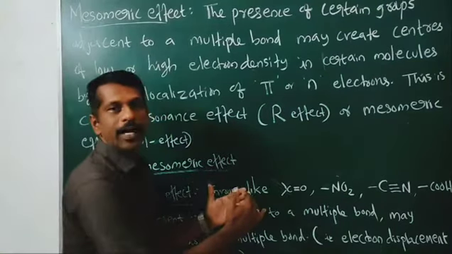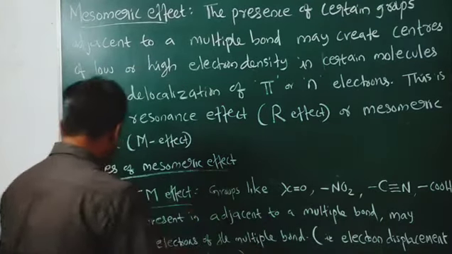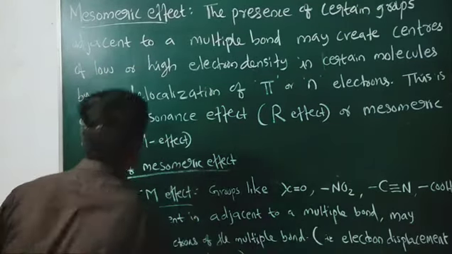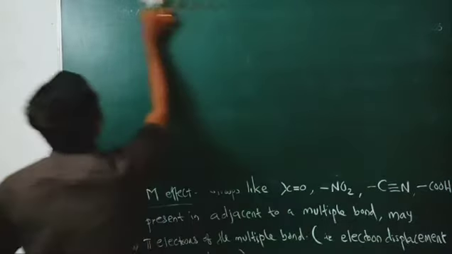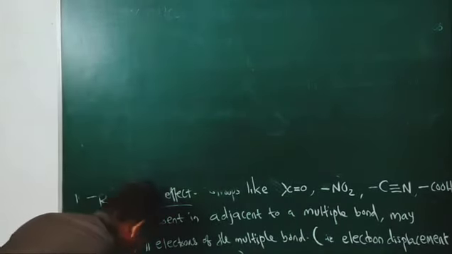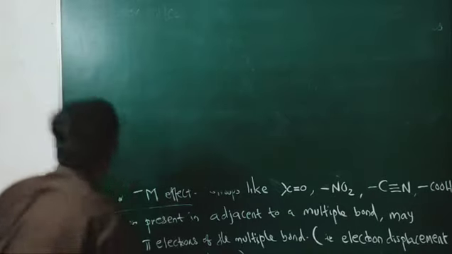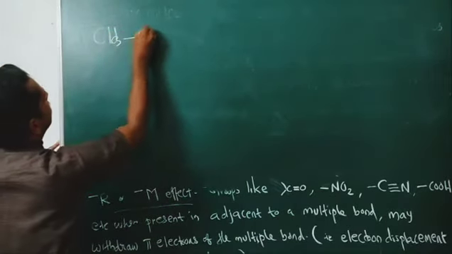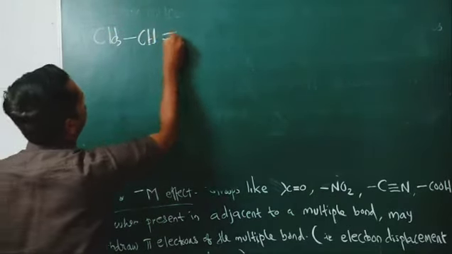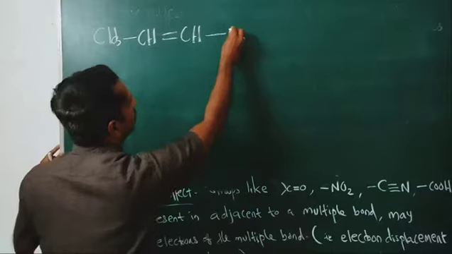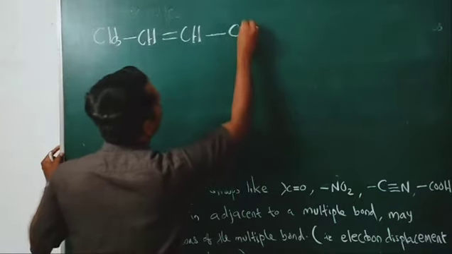Let us take one example for minus R effect or minus M effect. CH3, CH, double bond, CH, single bond, suppose this CO group is coming, that is CHO.